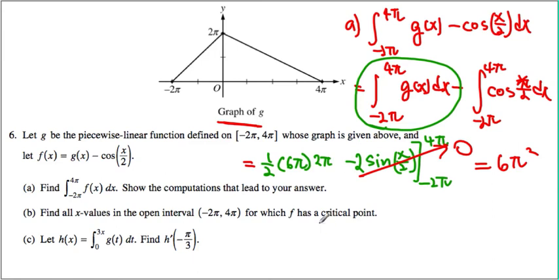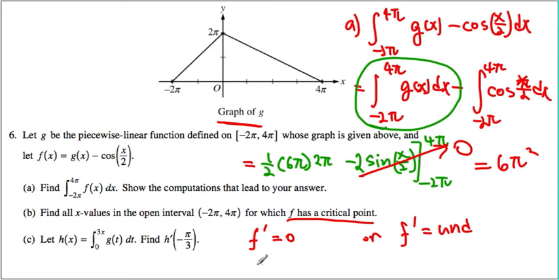Now, here find for which x f has a critical point. The fact that f has a critical point means f prime has to be 0 or f prime has to be undefined.